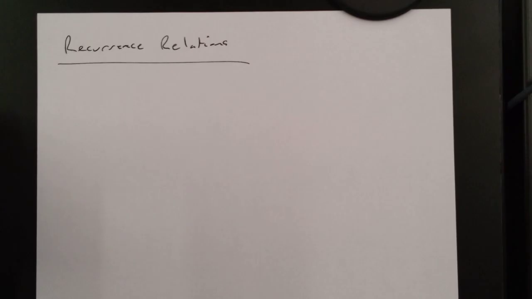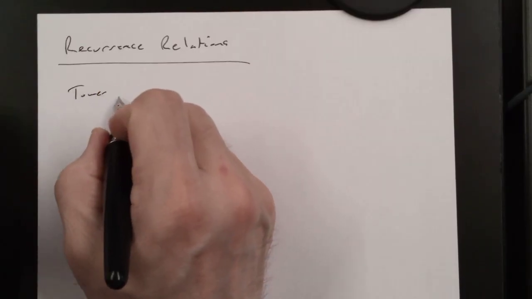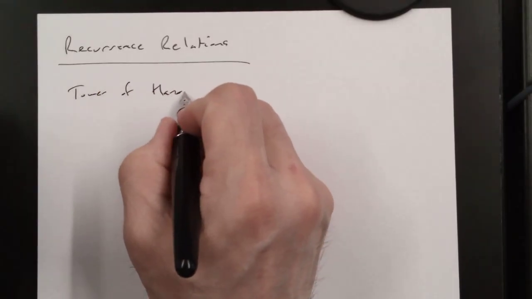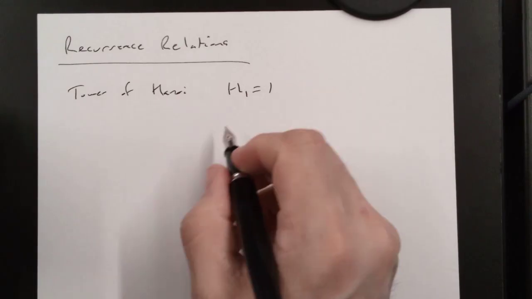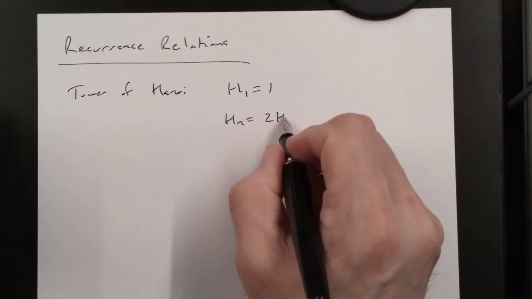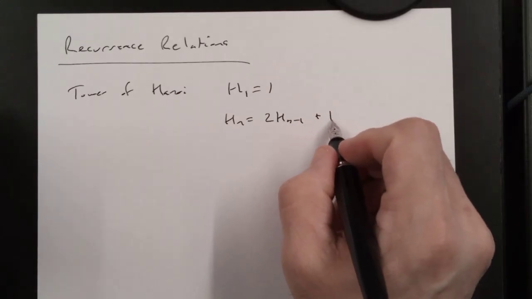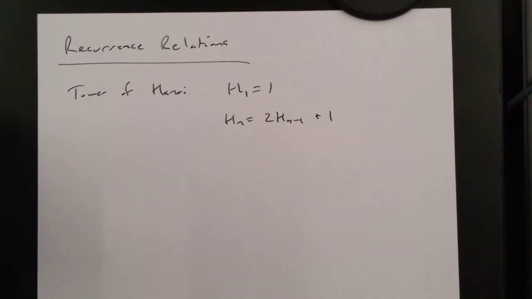One of my goals is to figure out how to do, in general, what we did with our Tower of Hanoi problem. Now, in our Tower of Hanoi problem, we had this result as our overall recurrence.